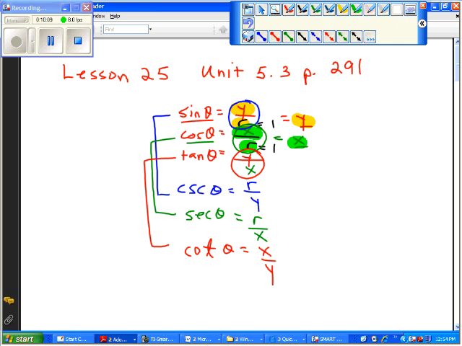Let's say that we have the cosine of some angle theta is equal to negative 1/2, and we are in quadrant 2, let's just say. And we want to find all the rest of those. Now, we're getting ahead of the game a little, but I want you to be thinking.